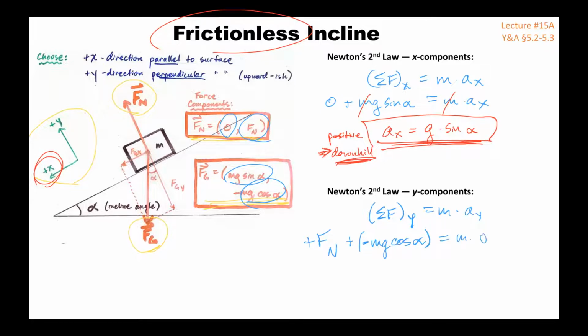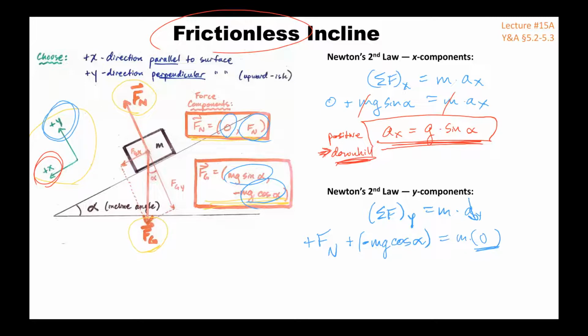Finally, we know that in the y direction, there is no motion at all. Remember, the y component is perpendicular to the incline. Unless the object flies off of the incline or sinks into the incline, neither of which is happening here, nor is it physically possible in our idealized classical case, there is no motion at all in the y direction.